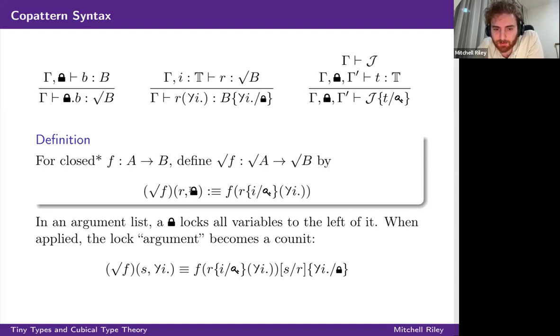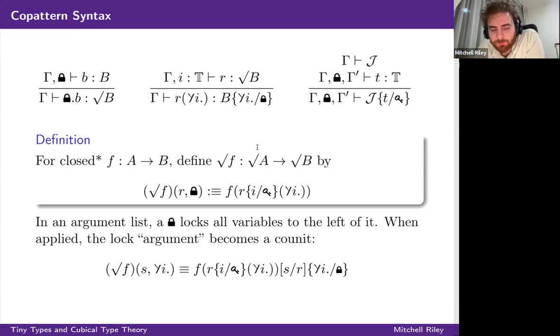I'm just going to add a lock into the argument list. The reason I find this readable is that if we've got some complicated function with many arguments and many things locked, it's really easy to tell what variable is locked by which lock, because each lock just affects everything to the left of it.